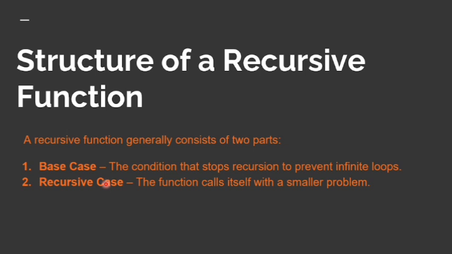We have to build a base case to prevent an infinite loop. After it matches the condition, the recursion stops, and that is the base condition. The recursive case is the case where the function calls itself with a smaller problem, and solves out the smaller problem.